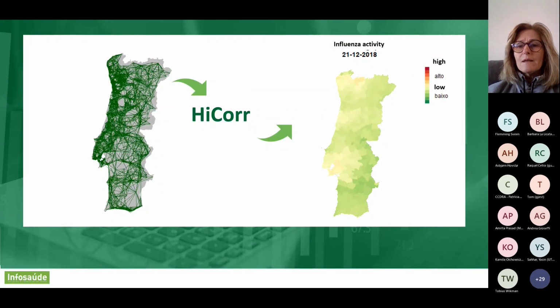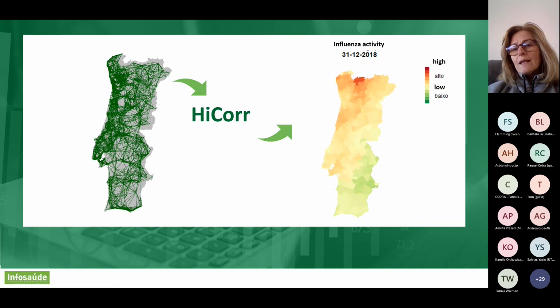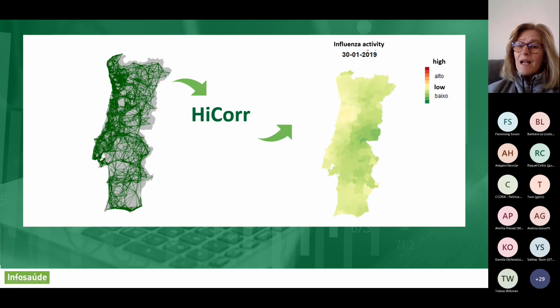So as you see in this map, every day we can see all over the country how the influenza is going. The green is the low level of influenza, and when we are running the model every day, we can see that influenza doesn't begin in all the regions at the same time.